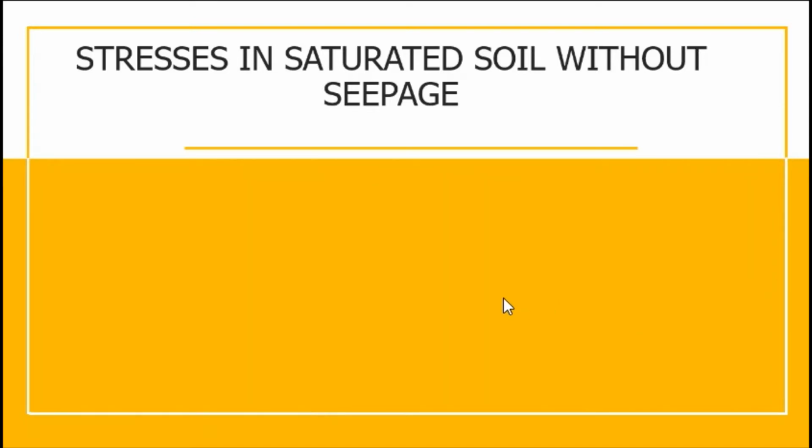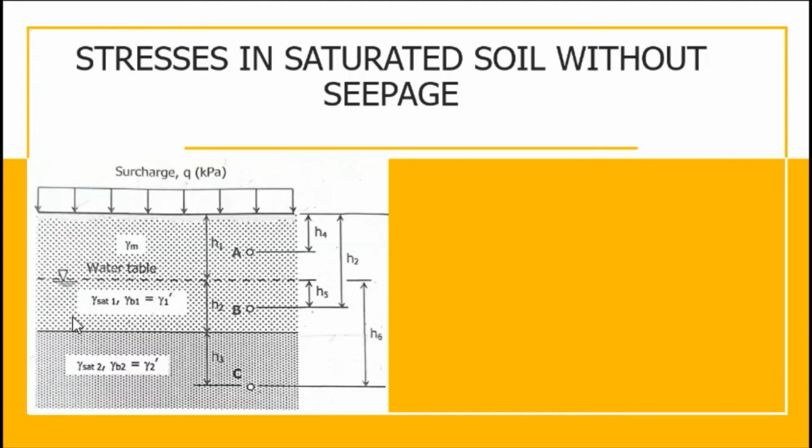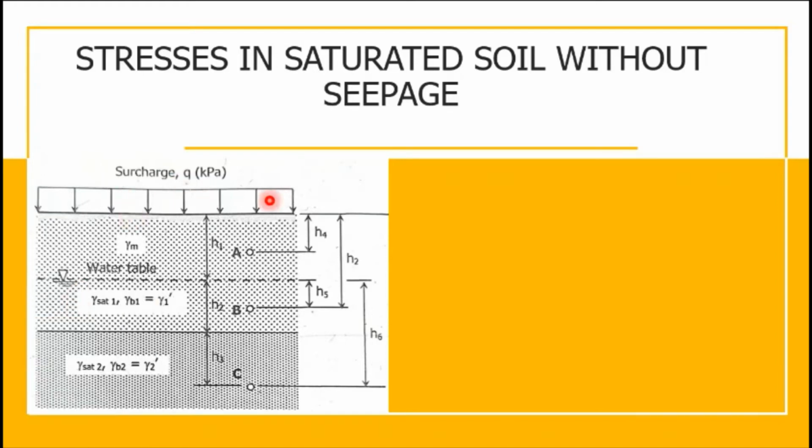To further discuss more of the stresses, let us look at this figure. This is an example of a soil profile. It has a surcharge load or additional load at the top. This is the first soil layer, second soil layer, and third soil layer.